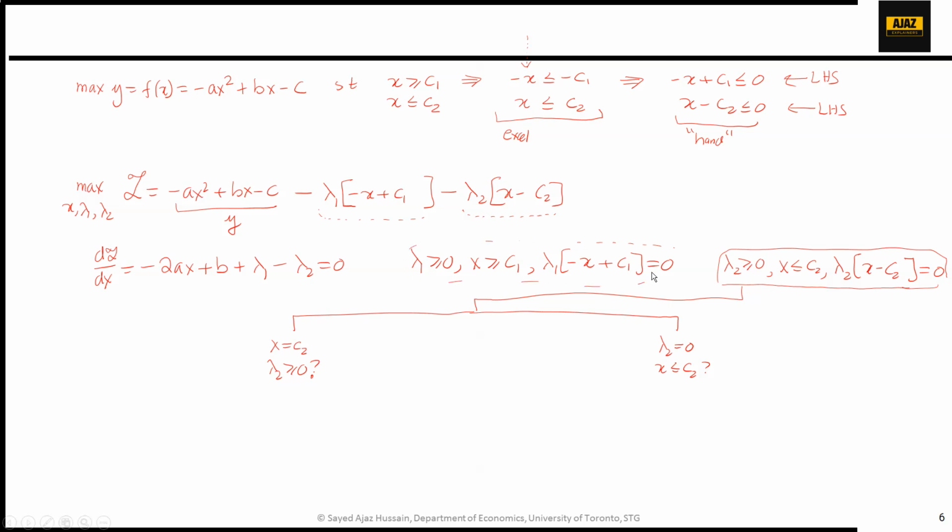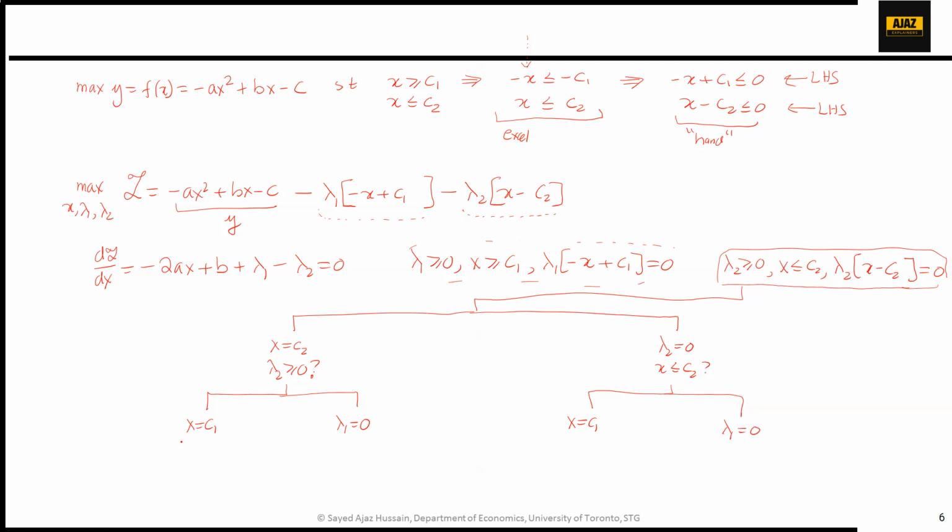Now consider the first constraint. This one right here. That gives you two possibilities here and the same two possibilities over here. Try to put the lambda zeros on the right and put everything else on the left. So for example, if you're talking about the x's, either x is equal to c1, or lambda 1 is equal to 0.